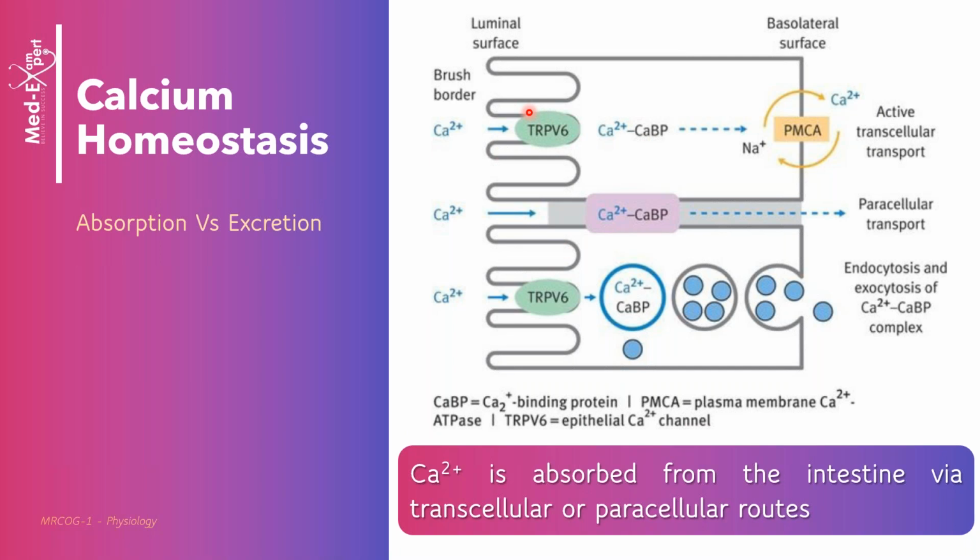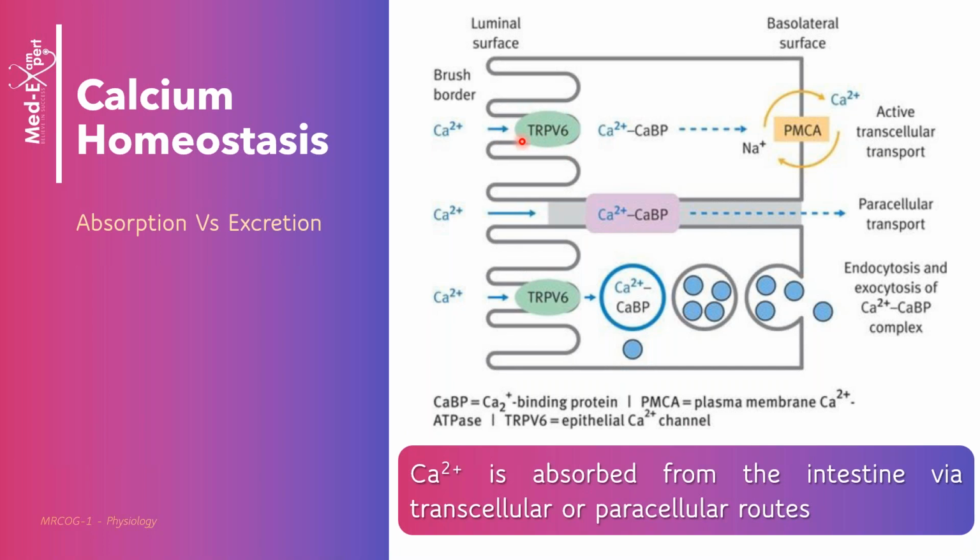Here at the transcellular route, or the intracellular route, the calcium goes into the cell via what's called the epithelial calcium channel. It's called TRPV6.